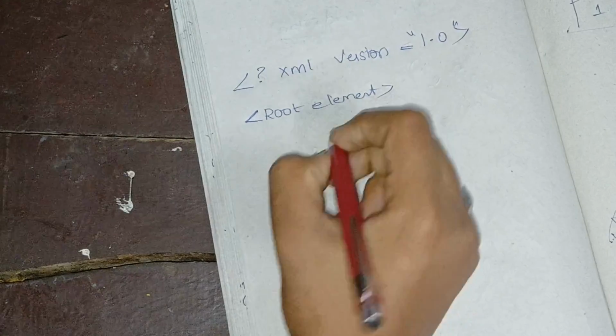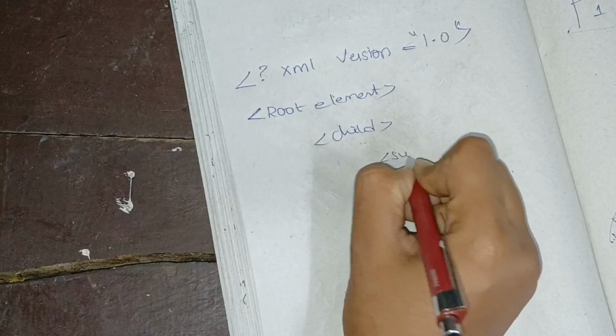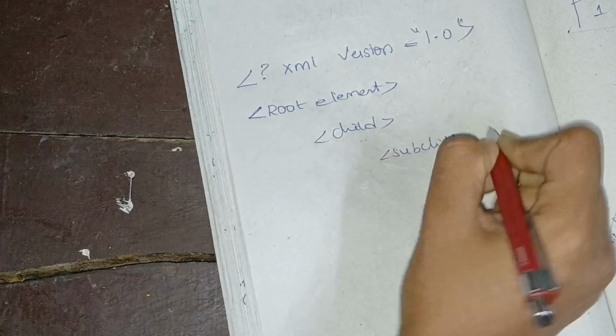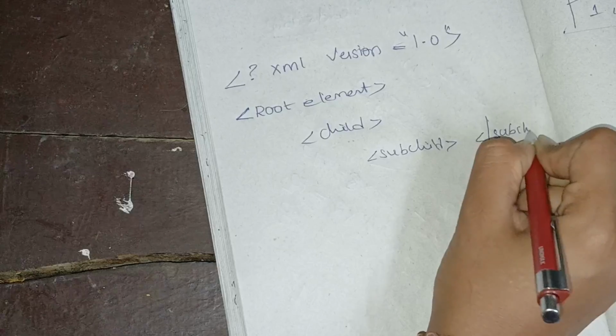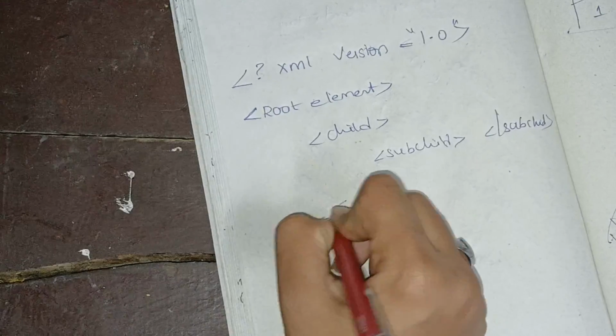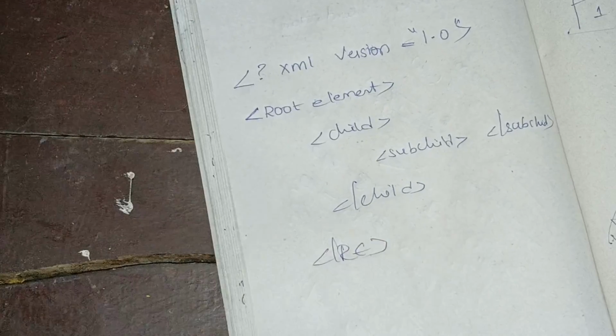In the root element you will have a child, in the child you will have a subchild. Subchild open, subchild close, child close, root element close.